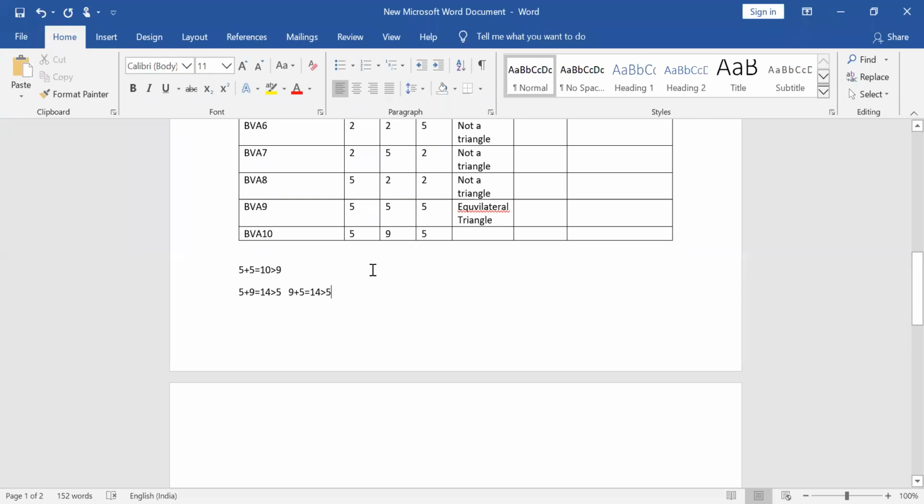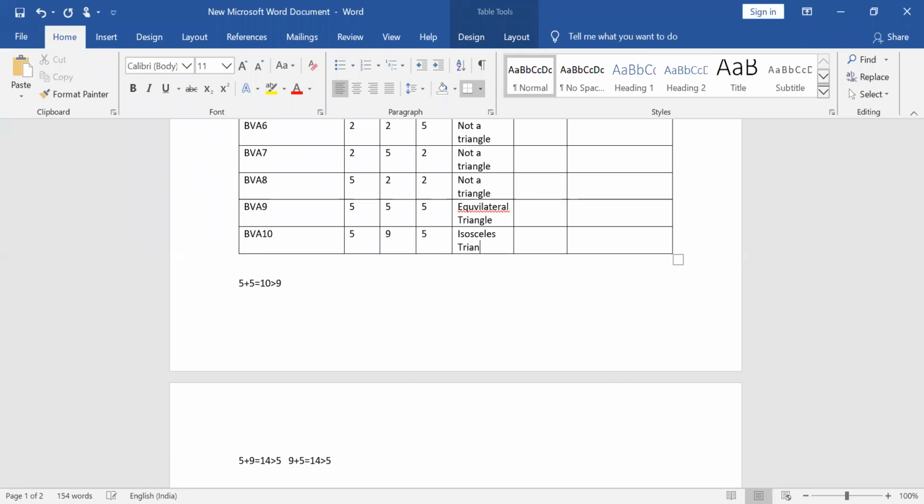Can we form a triangle? Does our condition satisfy? Yes or no? If we satisfy the condition, then what type of triangle is it? 2 sides are equal. So you can say isosceles triangle.